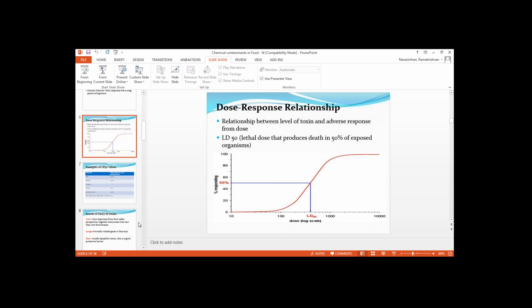It's commonly used in toxicology. Generally, for human beings, the data is derived from animal data. I know this is somewhat crude, but that's the only way you can test the LD50 levels, and you have to extrapolate the results obtained from animal studies to human beings.